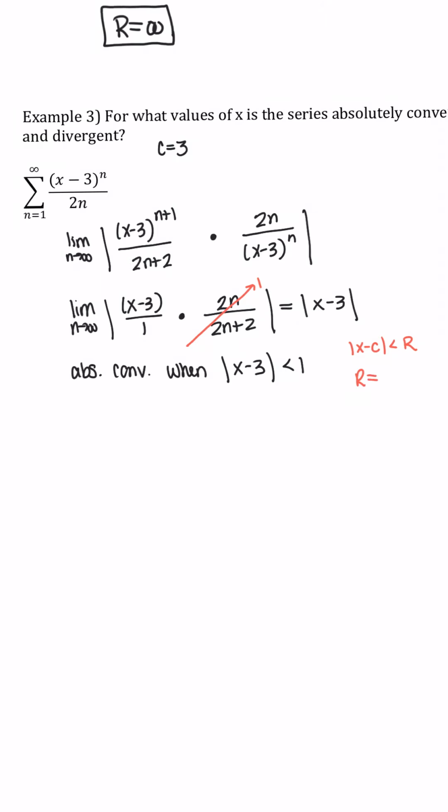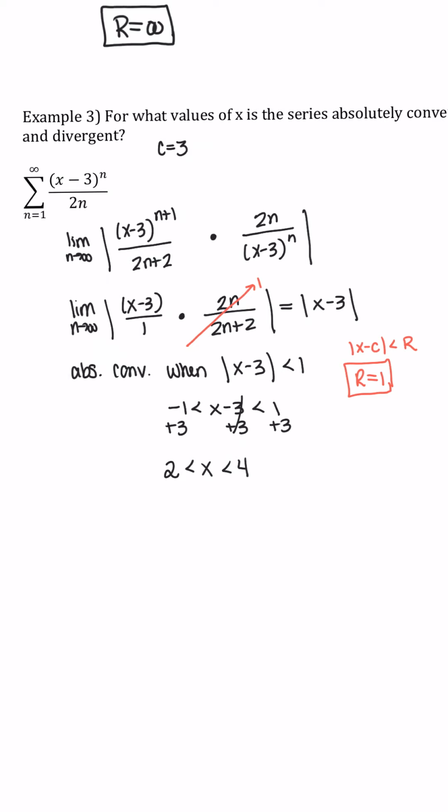So I know my radius of convergence for this series is going to be equal to 1. Now let's clean up this inequality to get my interval of convergence. I have negative 1 is less than x minus 3 is less than 1. And when I add 3 across my inequality, I have 2 is less than x is less than 4.